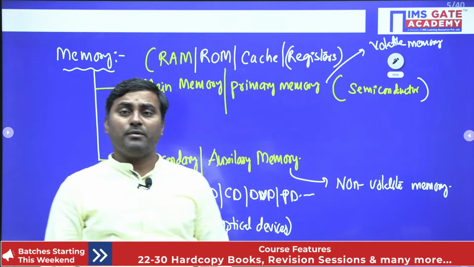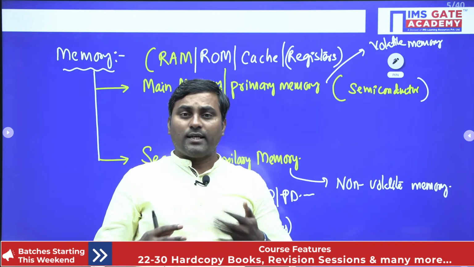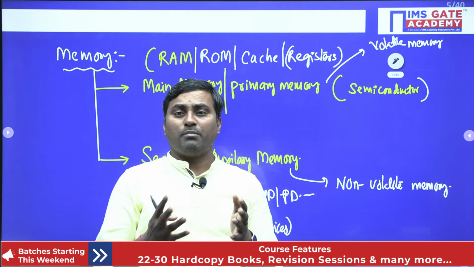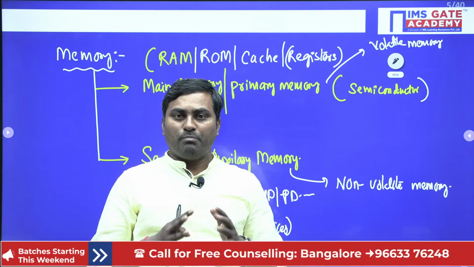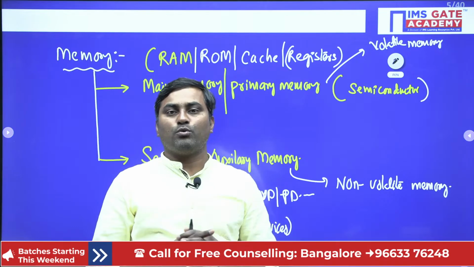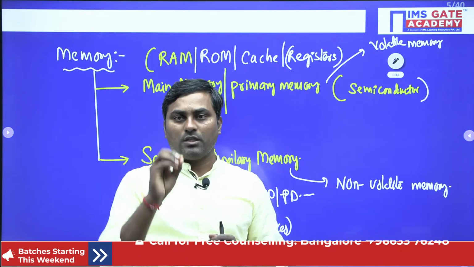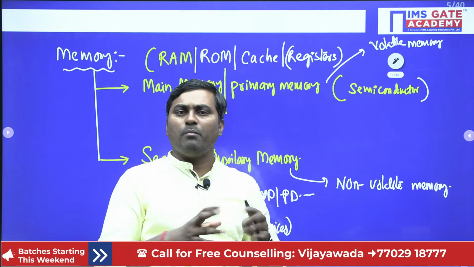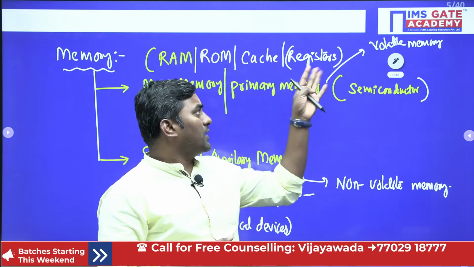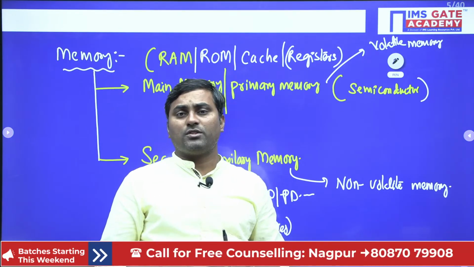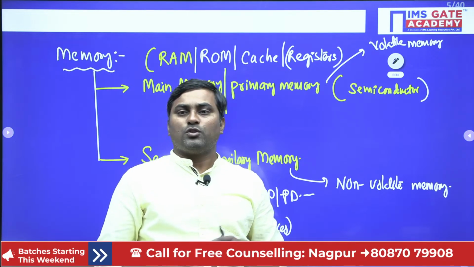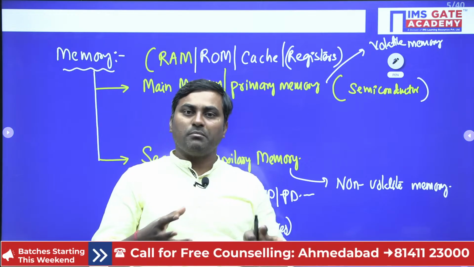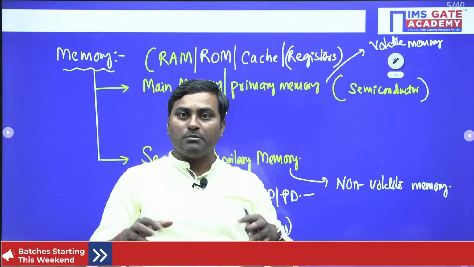Data cannot be present in the computer when the power is off. For such components, like RAM or cache memory, data will not be present when the power is off. Non-volatile means the permanent data remains.